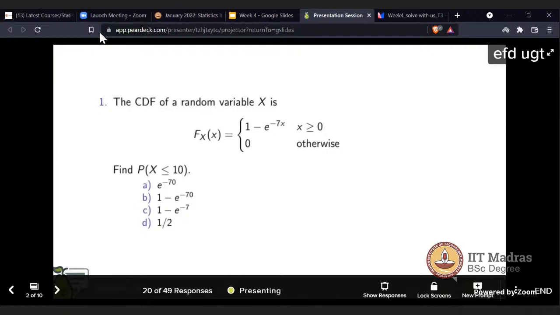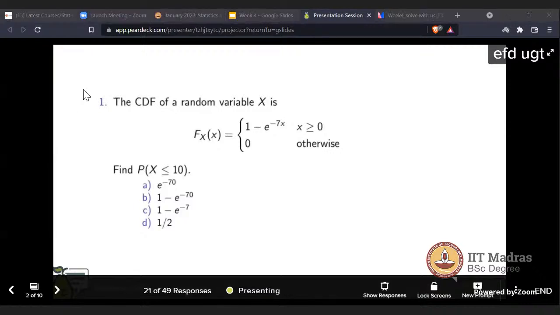Just writing the option number is fine, right? Or do we need to write the number? Just writing the option number is fine.